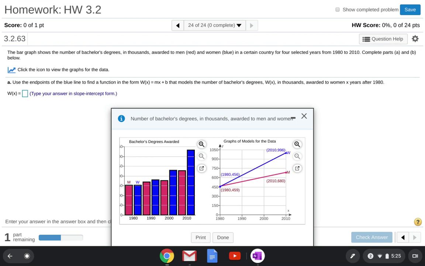The y-intercept looks like maybe 450, but I cannot really tell. We start with 1980.